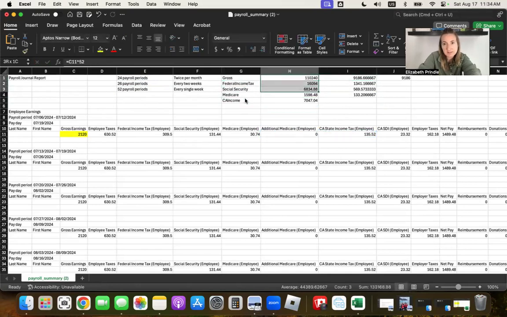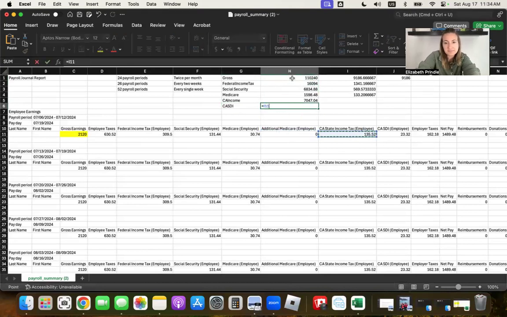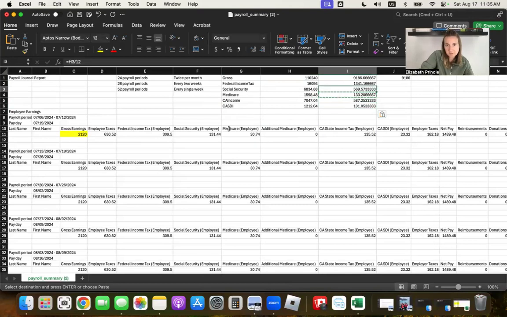And I can also make sure I pull those formulas down. Not in this case. Just double checking. Great. So these are the monthly totals.